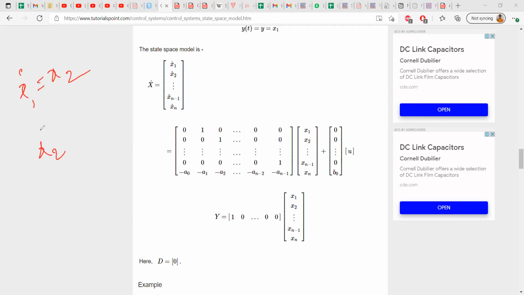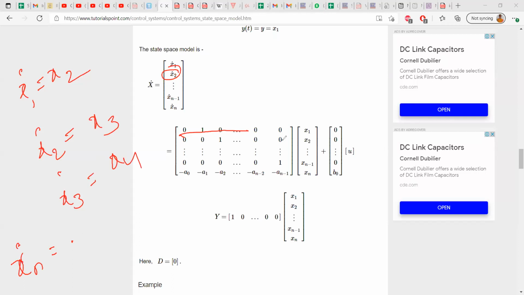Right. What is x2 dot? x3. What is x3 dot? x4. What is xn dot?